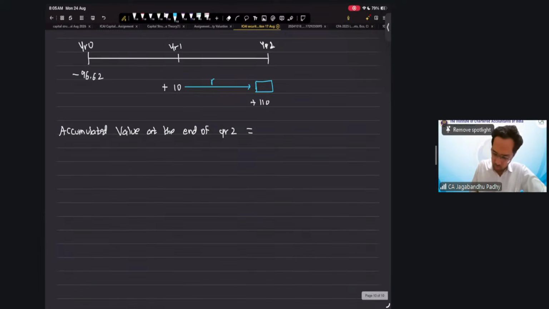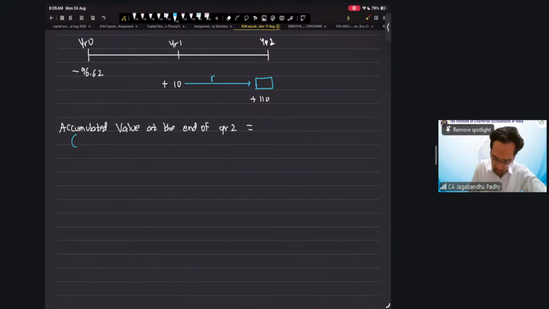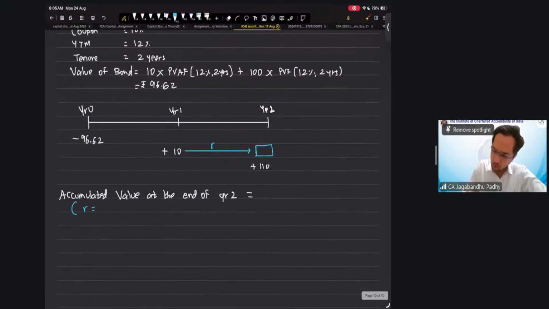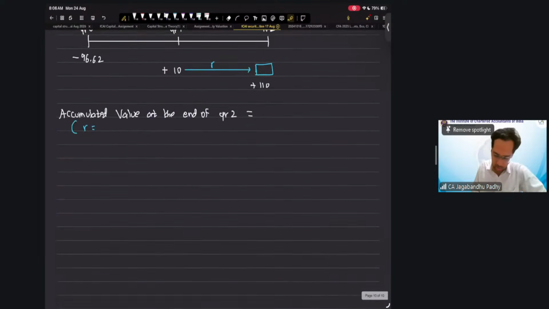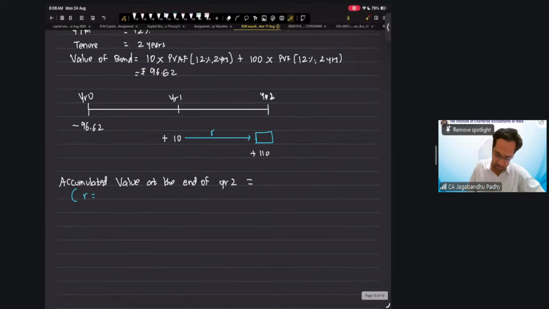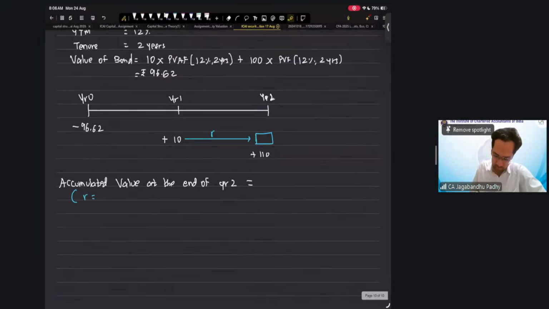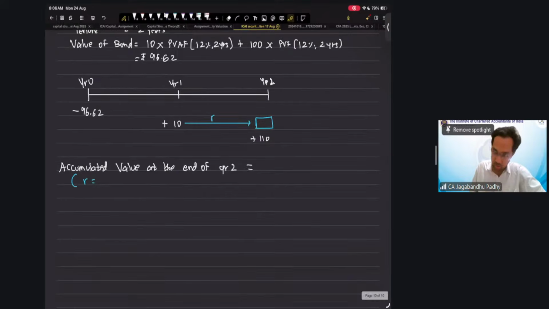Okay. Now, let's say the reinvestment rate is the ongoing YTM itself, which is 12%. Let's assume that R is the same as the current ongoing YTM.